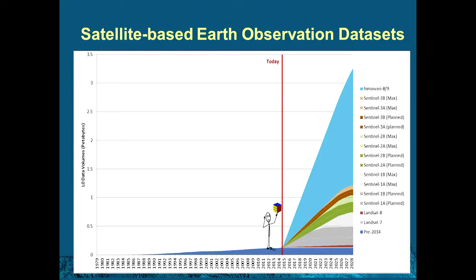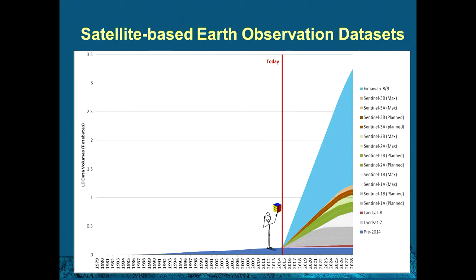The Earth observation big datasets: as I said, we began to acquire satellite data more than 30 years ago, and it's gradually increasing. In recent years, there's been a huge jump because of new satellites and higher resolution sensors.